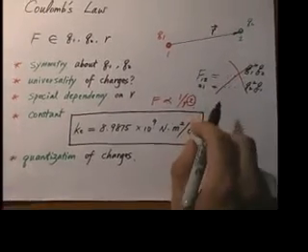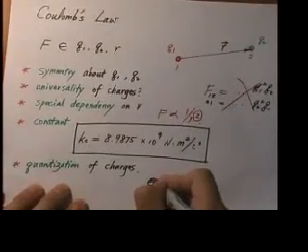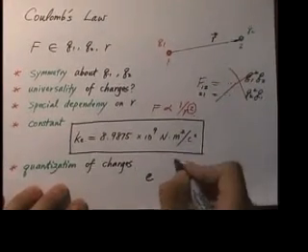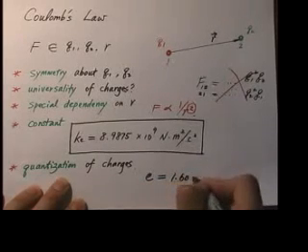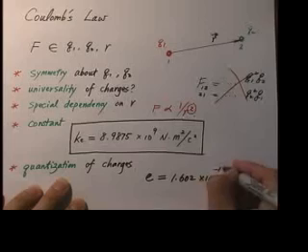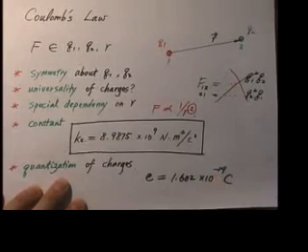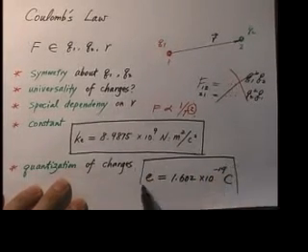This value, which we designate with the symbol e, equals about 1.602 times 10 to the negative 19 Coulomb, very, very small. This is what we call the elementary charge.